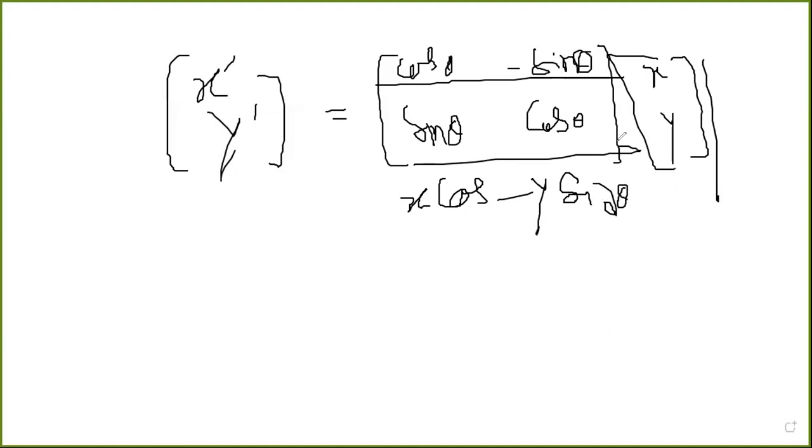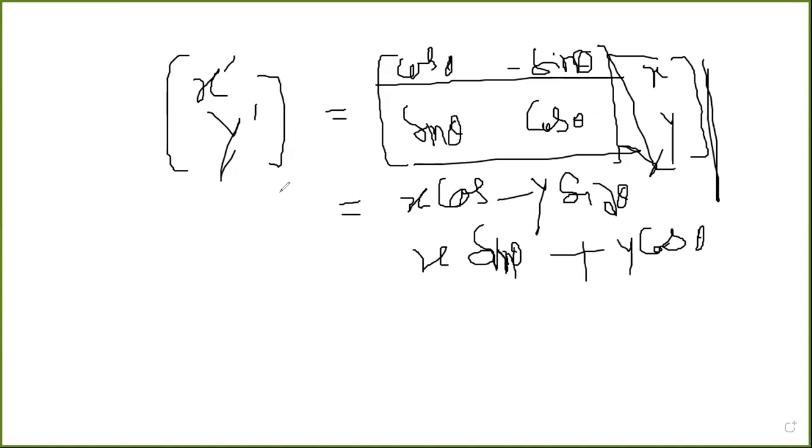Next, this row and this column again, so x sin theta plus y cos theta. So these are the similar equations we have formulated in matrix format.